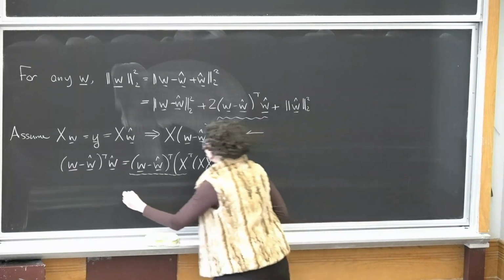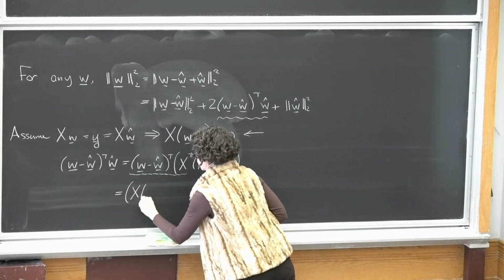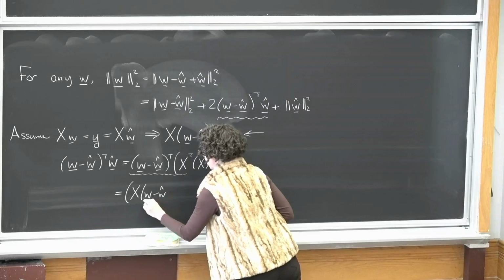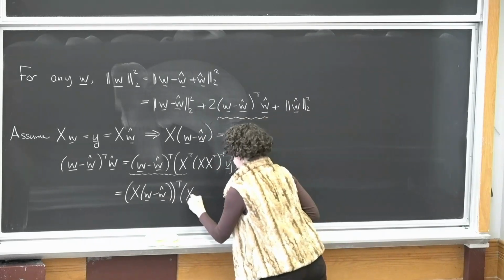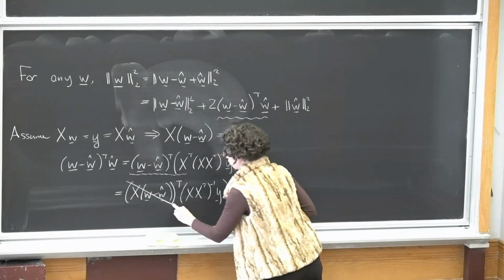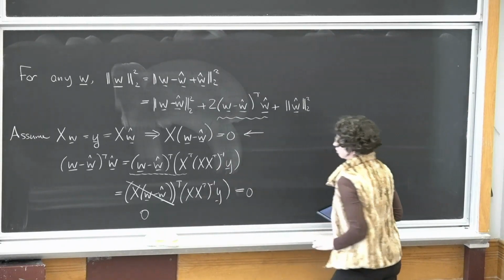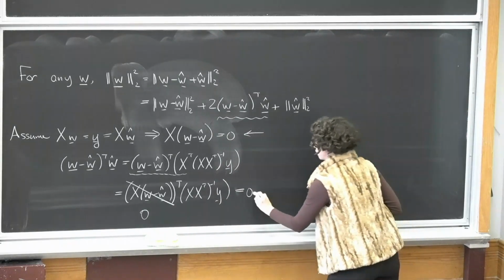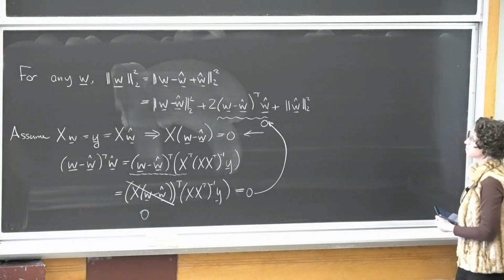So in other words, this is equal to x w minus w hat transpose times xx transpose inverse y. And this whole thing here is 0. And so the middle term is 0.